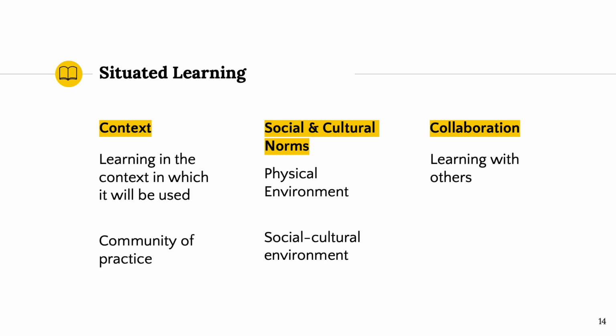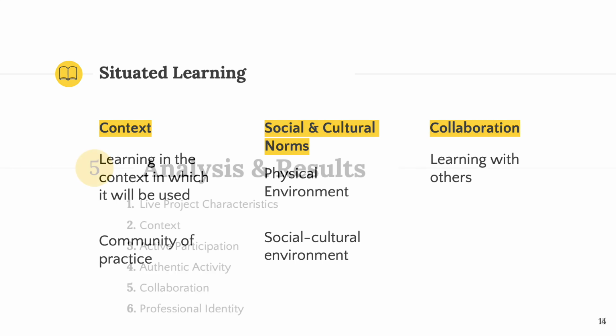Learning is said to be situated in the social and cultural norms of that community, as well as the physical environment. Authentic activities that are relevant to the learner's experience and goals provide a more effective learning experience. Much like live project learning, this theory also emphasizes the importance of collaboration with others and real-world experiences as key elements of the learning process.